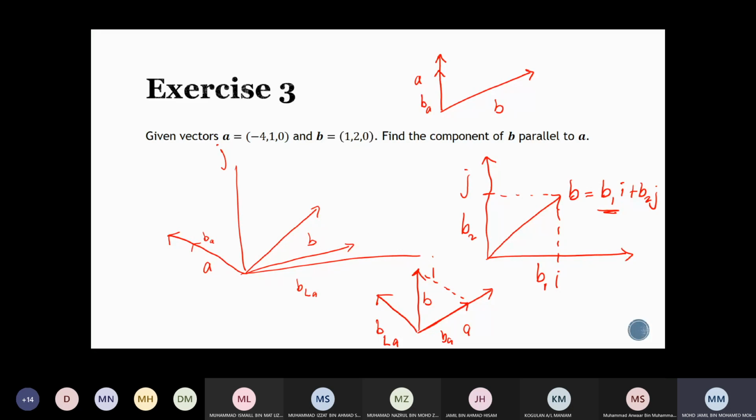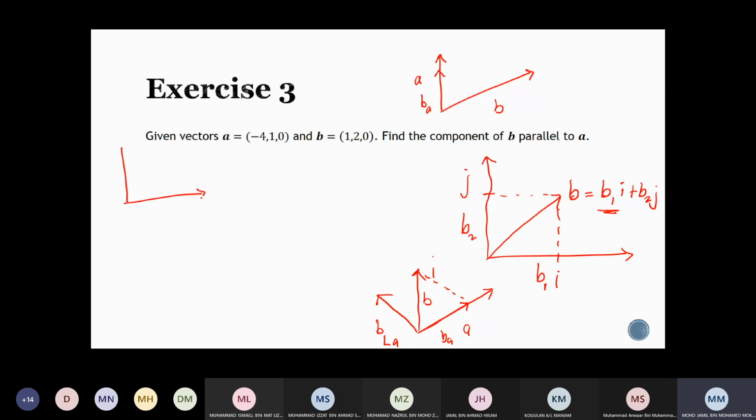So actually we can use the dot product, but I forgot how to do it. Let me erase first, it's too messy. So I think you can do this by first drawing. Let's say A, and then vector B. We want to find B parallel to A. So we want to find this vector. To find that vector, you can first find the dot product.